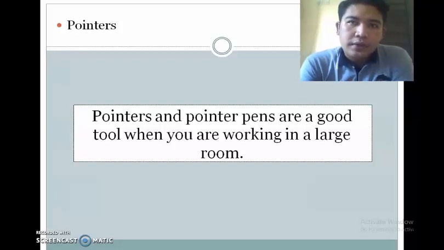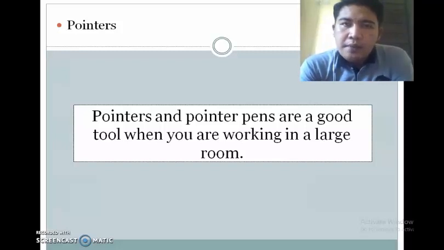So for example, when the audience is not focused with the presenter, the presenter will use the pointer to direct the focus of the audience, so that the audience will focus with the presentation in a harmless way.